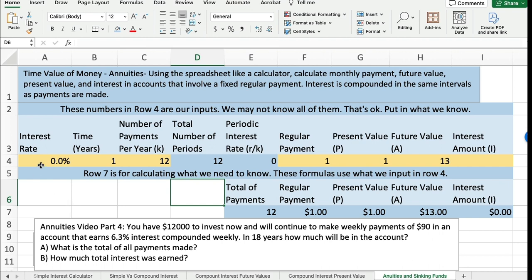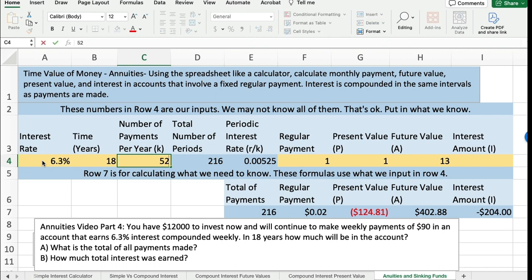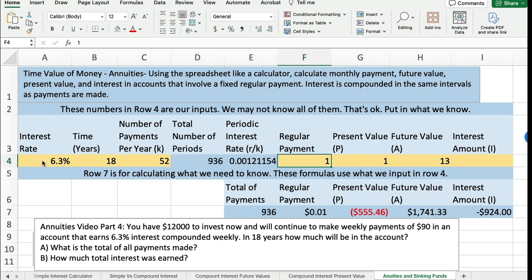So let's enter our numbers in. Starting with the interest rate, we have 6.3%. The time in years, that's 18. The number of payments per year, how many weeks are there in a year? Well, the answer to that is 52. What is our regular payment going to be? $90.